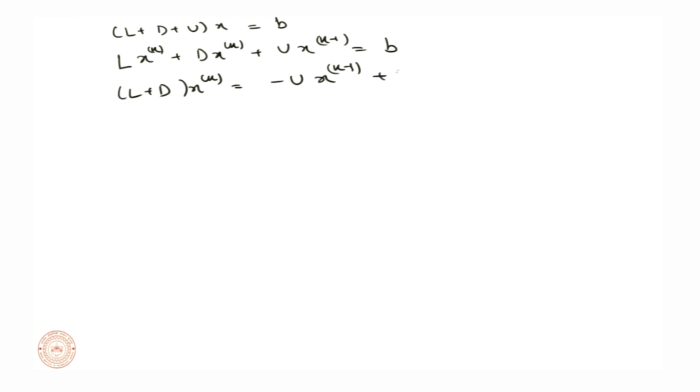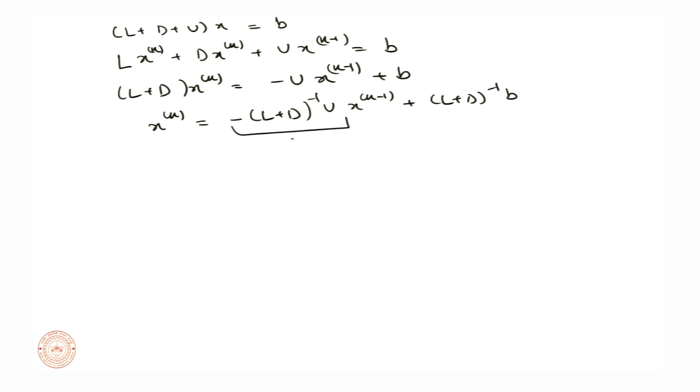So we will have L, the lower terms, times x of k, plus the diagonal terms for x of k, and the upper term, which is unknown, for k minus 1, equals B. So L plus D times xk is equal to minus U xk minus 1 plus B. We can invert this, so x of k will be equal to minus L plus D inverse into U x of k minus 1 plus L plus D inverse of B. Again we can take the first part as S and the second as some D, so xk equals S times x k minus 1 plus D. Okay, so this is our Gauss-Seidel.